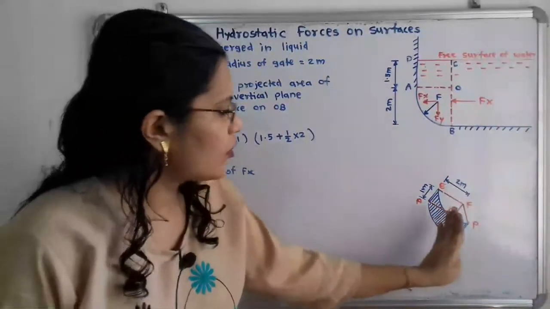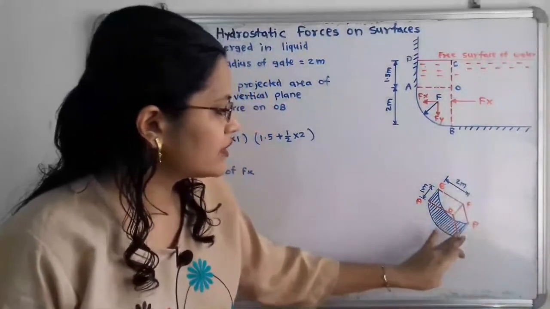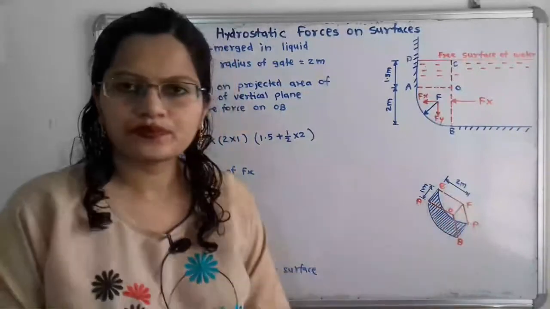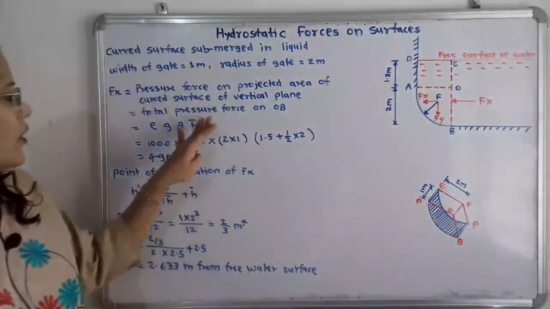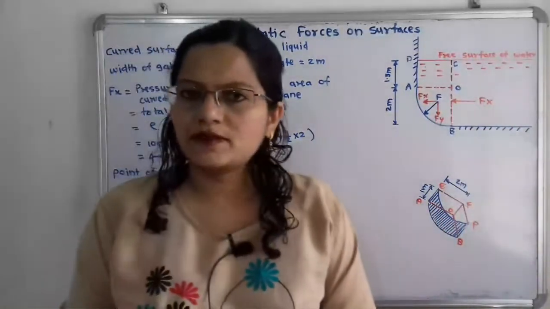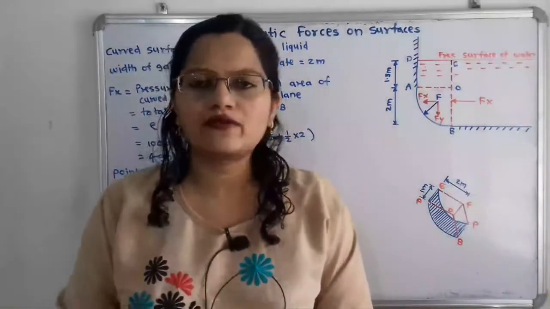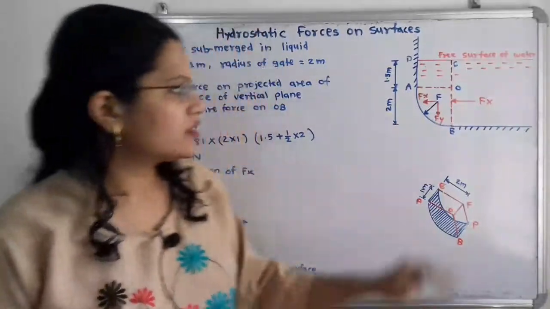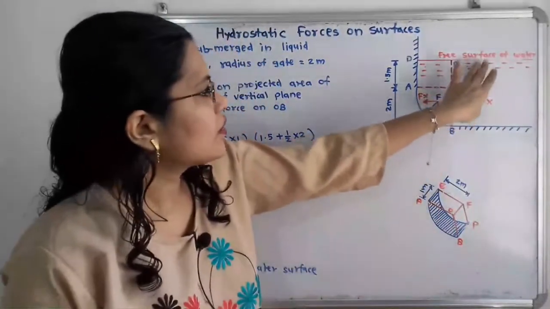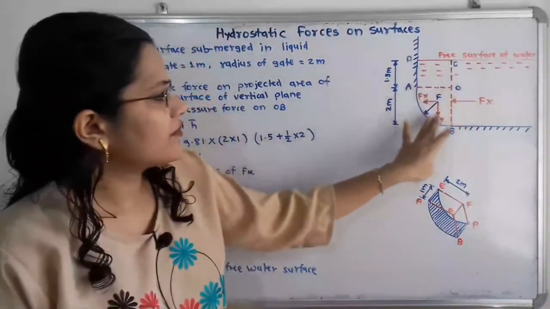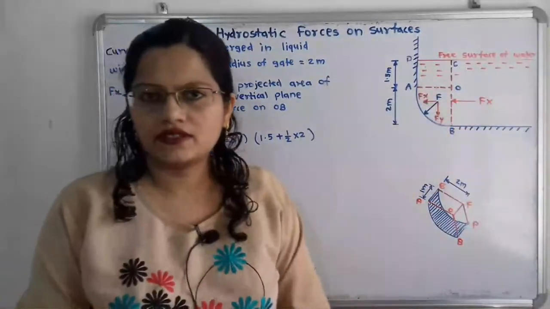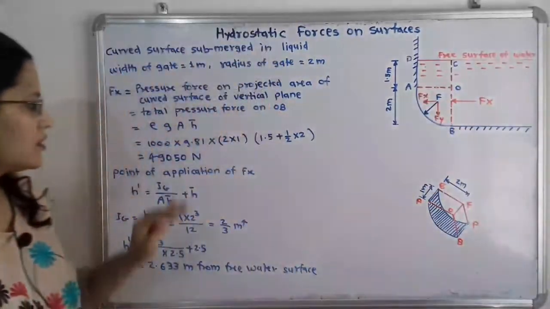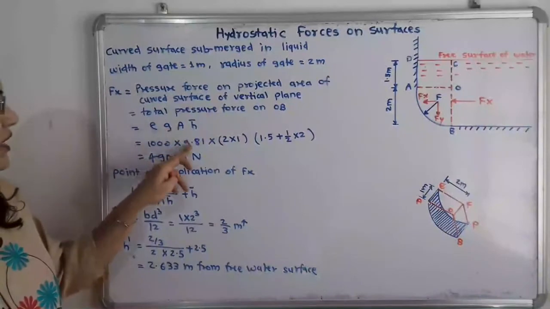Along OB, with width unity, we have to consider this area. What is the formula to calculate this pressure force? We know the formula is rho g A h bar. Rho is the density of water, because here the water is in contact with this curved surface. So we take the density of water as 1000, g as 9.81.